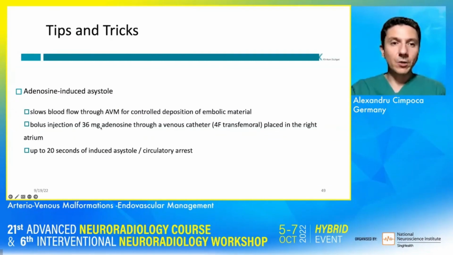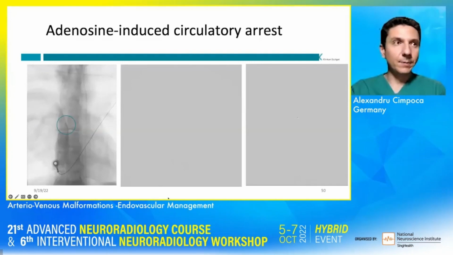We inject 36 milligrams of adenosine through a venous catheter placed in the right atrium, and that gives us about 20 seconds of induced asystole. Here is an example. You can see the tip of the venous catheter in the right atrium, and also the defibrillator.